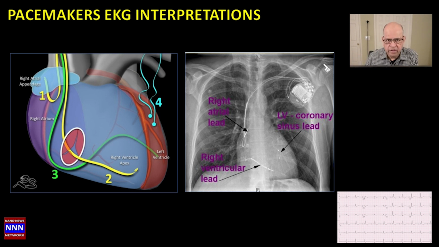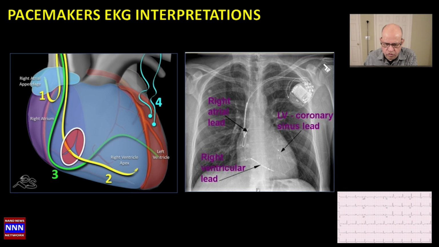In a patient with a biventricular pacemaker, in addition to having an atrial wire, we also have a ventricular wire, and there is also a wire going through the coronary sinus into the posterior cardiac vein or the lateral cardiac vein that activates the left ventricle, and that's why it is called a biventricular pacemaker or cardiac resynchronization therapy, or CRT as it is abbreviated.